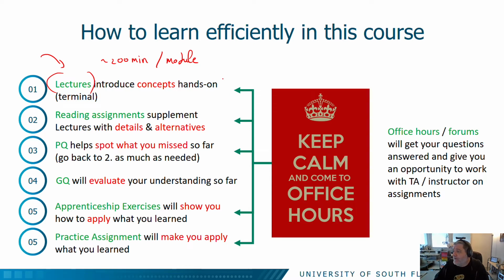Sometimes they are split between lecture and the apprenticeship exercise we're going to talk about here, so there can be two types of video: pure lecture or apprenticeship exercise. The goal of the lecture is to introduce you nicely, gently to the concepts that we're going to cover in the module. It gives you a quick overview of the main highlights that we are going to cover in this module.